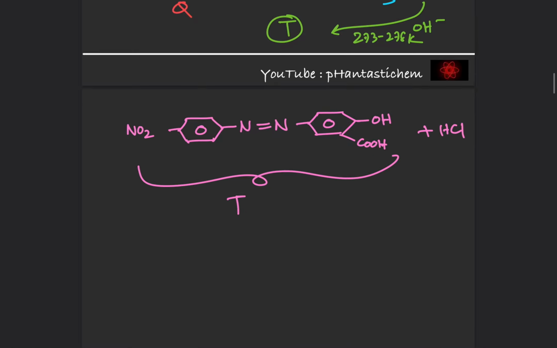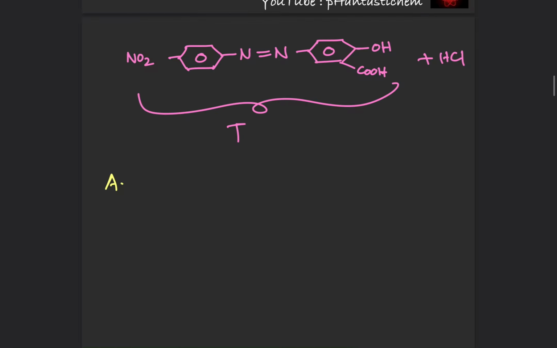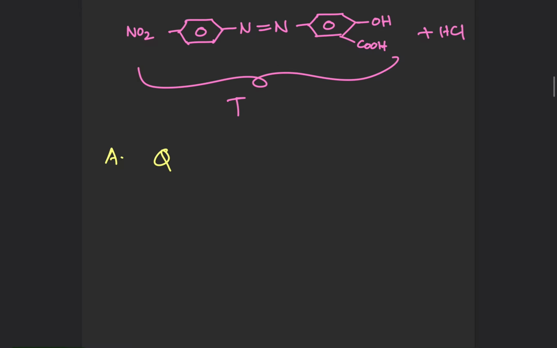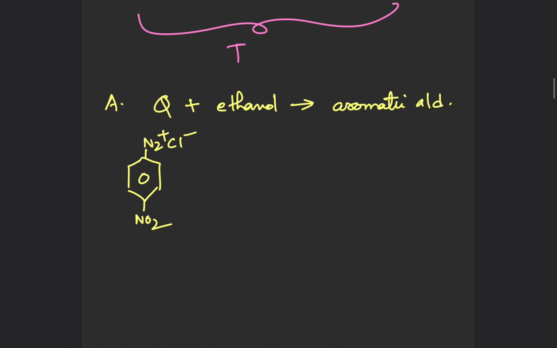Okay, so now since we know P, Q, S, and T, so let's look into the options one by one. Okay, option A says that Q, when it is treated with ethanol, will generate an aromatic aldehyde. Okay, so Q is this guy, N2 plus Cl minus and NO2 in the para position.